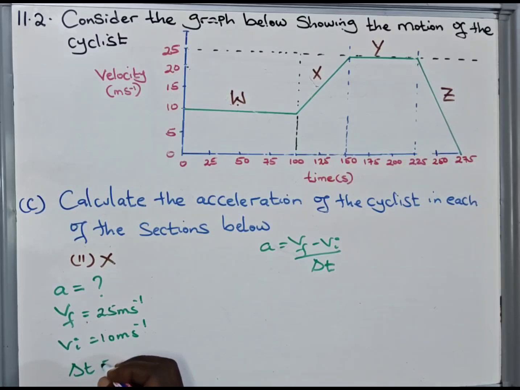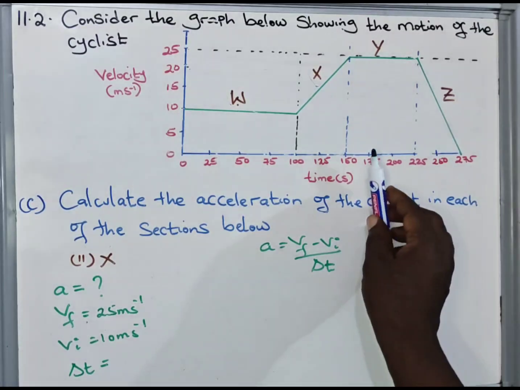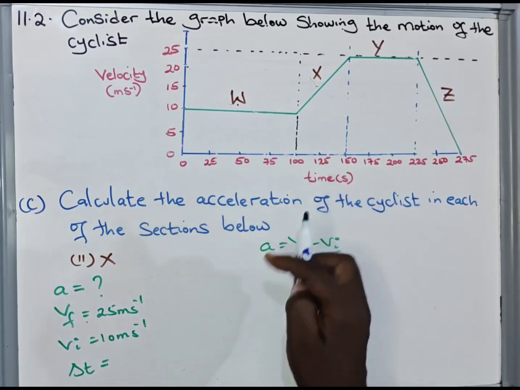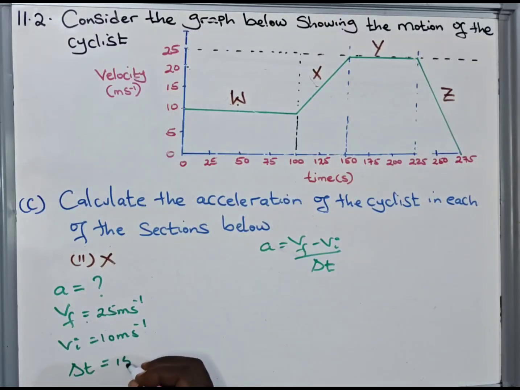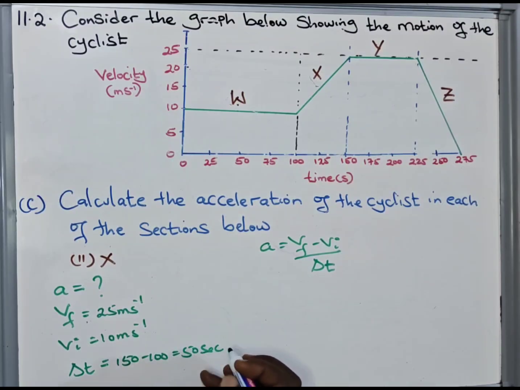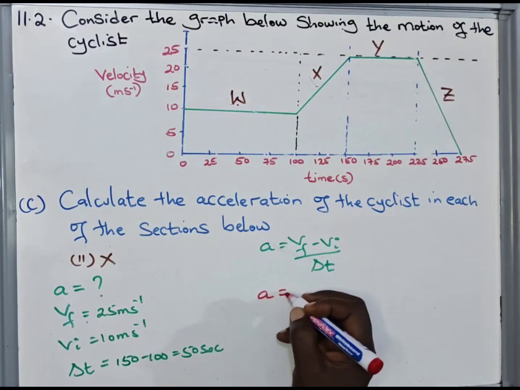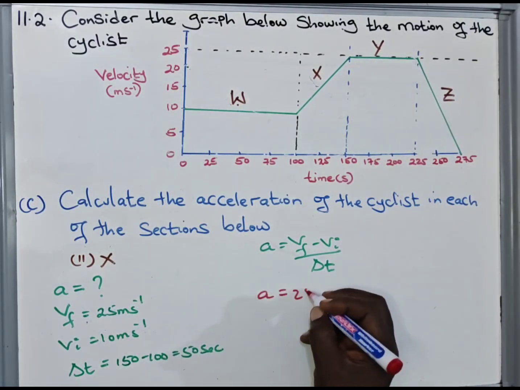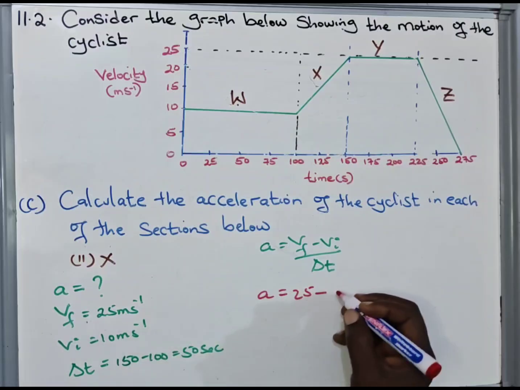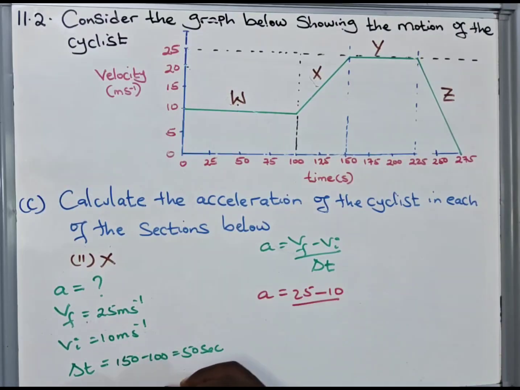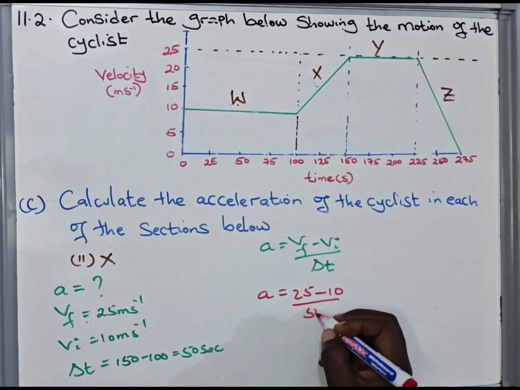Delta time is from 150 to 100, so it's going to be 150 minus 100, giving you 50 seconds. So acceleration is equal to Vf, which is 25, minus Vi, which is 10, over 50.